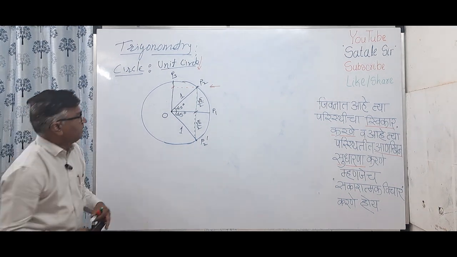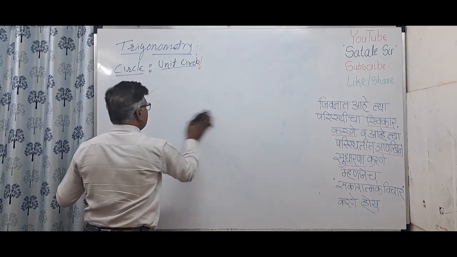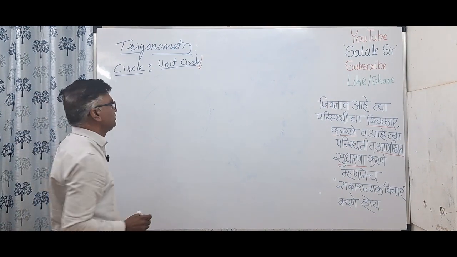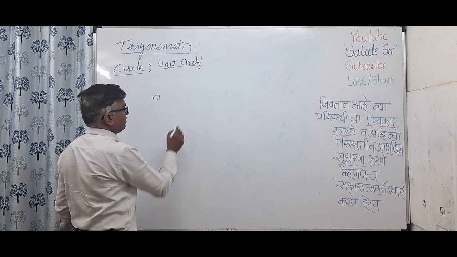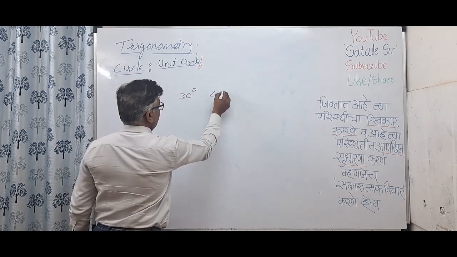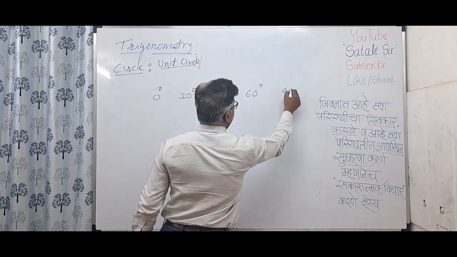So I will just draw here one table, and using that table we will see how to remember the values of sine, cos and tan. Okay, so let us suppose we have angles. Standard angles are 0 degrees, 30 degrees, 45 degrees, 60 degrees, and 90 degrees here.